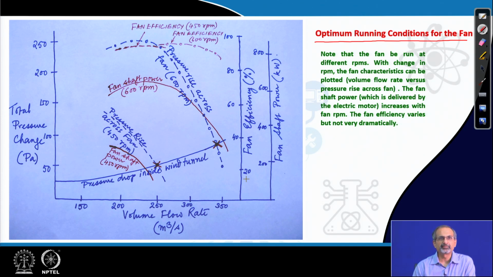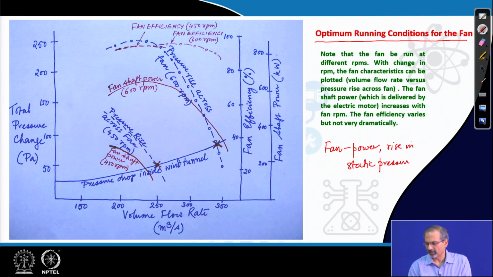But we are going to interpret the values through a kind of a qualitative approach, and we will try to appreciate the main points which these curves are trying to represent. We know that the fan provides necessary power and rise in static pressure to keep the tunnel running.